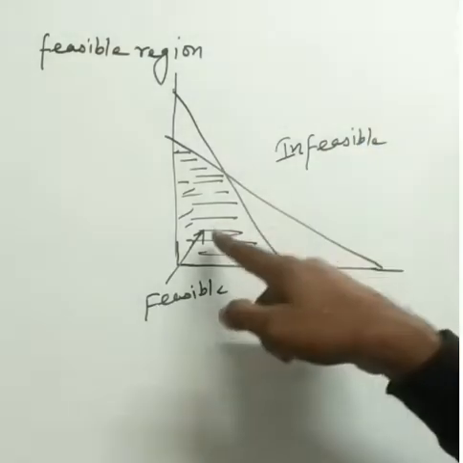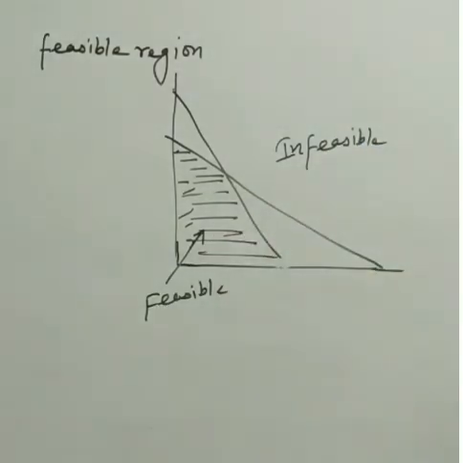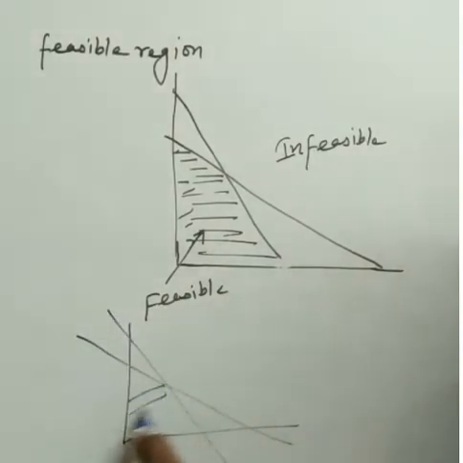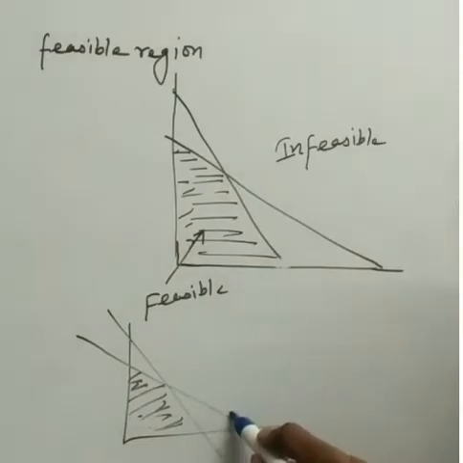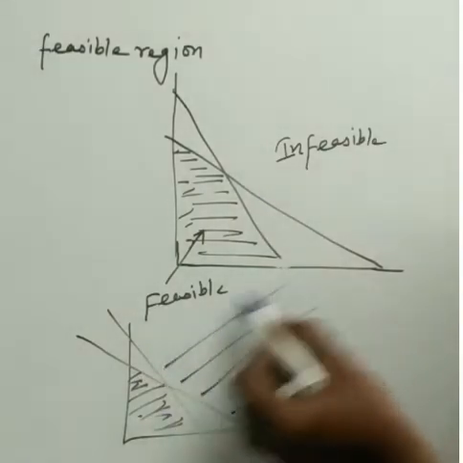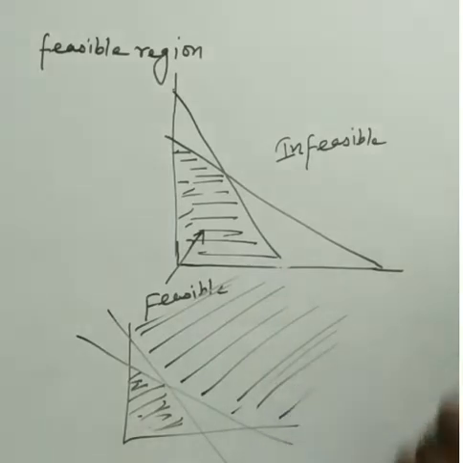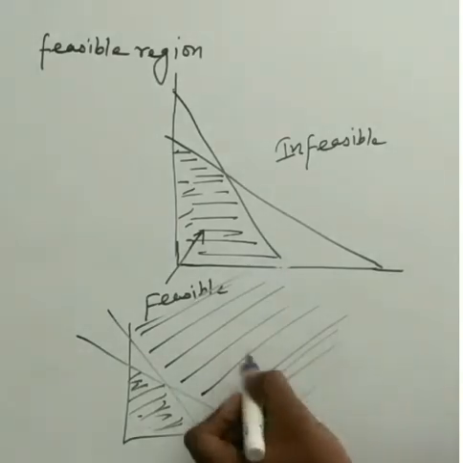Now this feasible region may be bounded or unbounded. If the feasible region is finite, it is bounded. And if the feasible region is infinite, extending up to infinity, it is known as an unbounded feasible region.